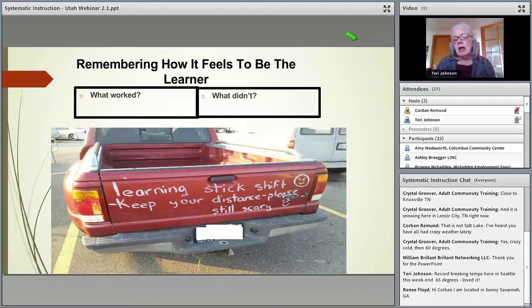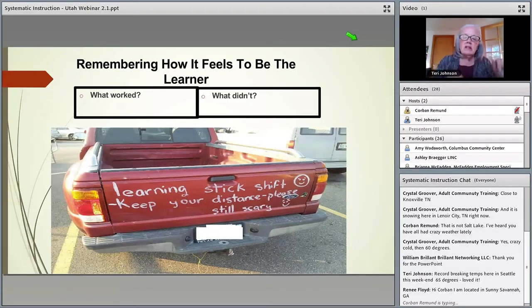So a few slides before we get into the actual teaching strategies. Something that I try to keep in mind is how it feels, or how it felt, to be the learner in a situation where it's something you don't know how to do. There's some pressure, some expectation that you learn how to do it, and I'm just trying to get some of that feeling back as we work with each individual.